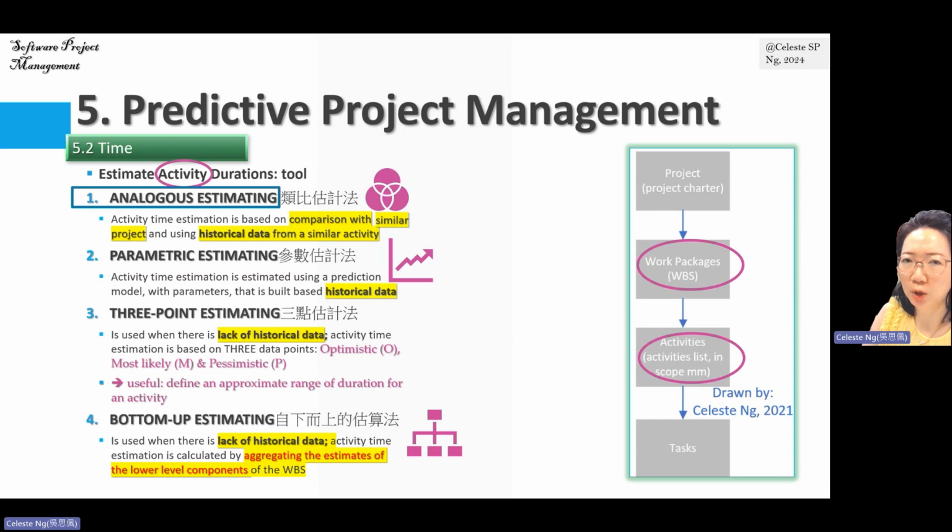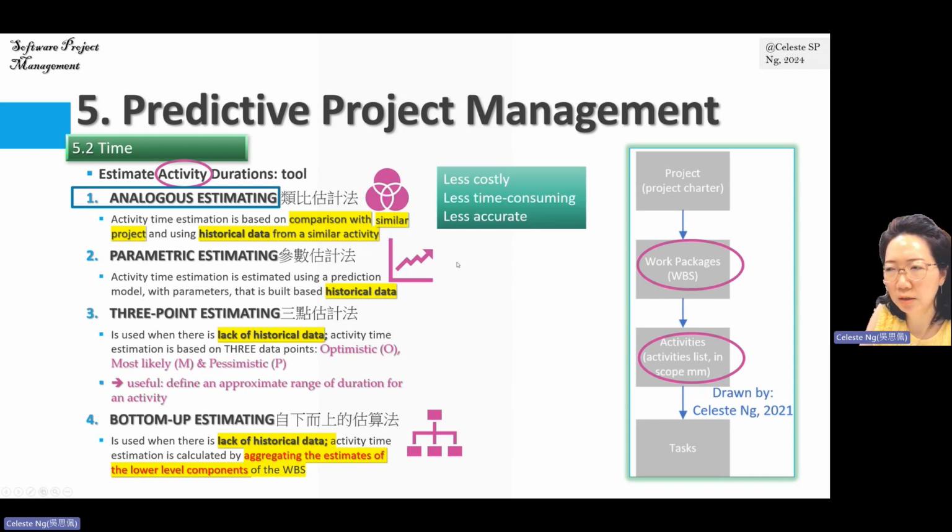What we are going to do is try to get historical data from similar activities, and then make an estimation or a projection of the duration for that particular activity.